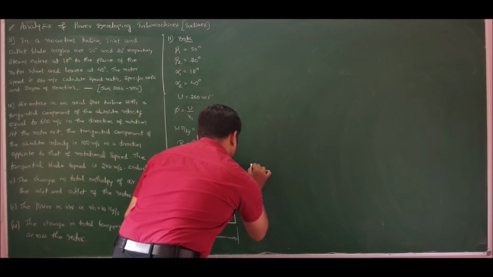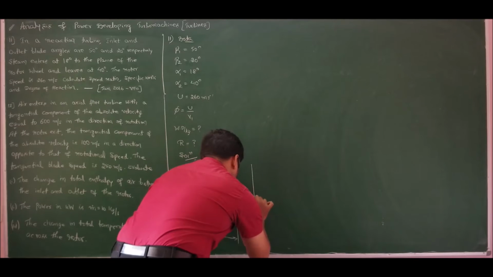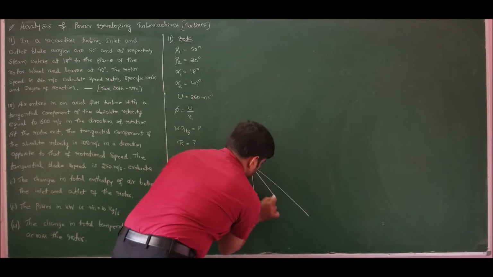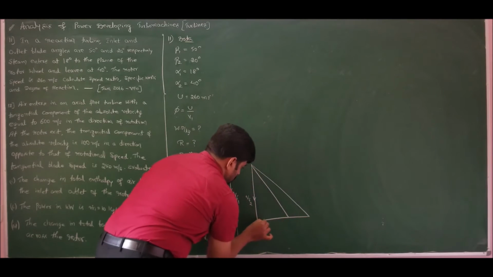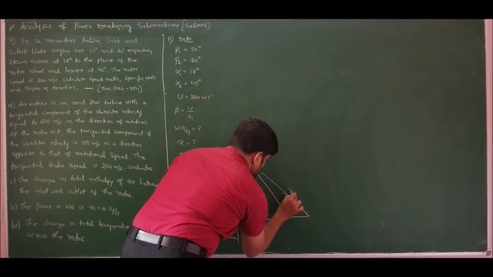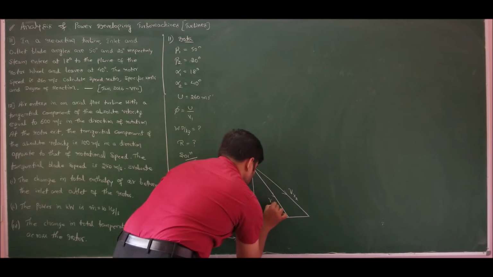Similarly at exit, if I draw, I will get VF2, VR2, V2.